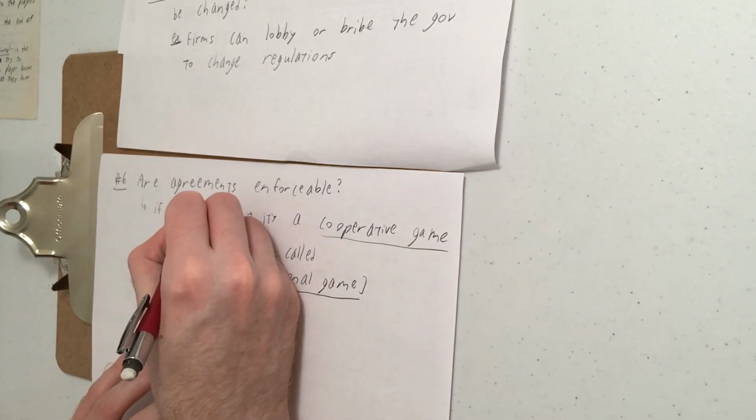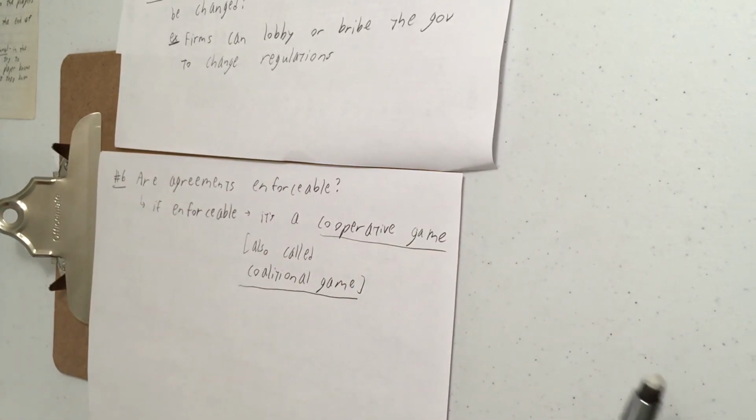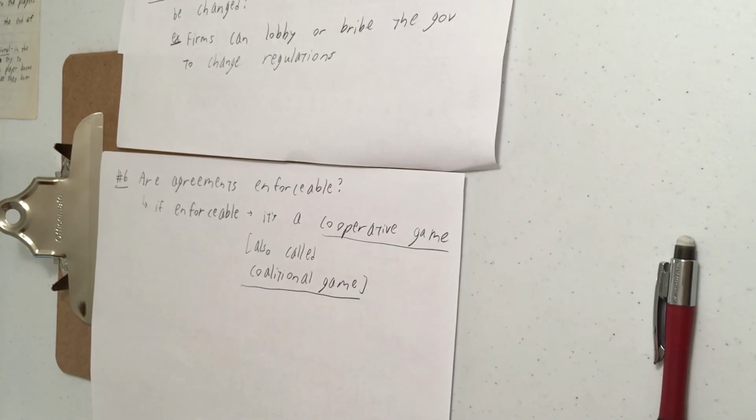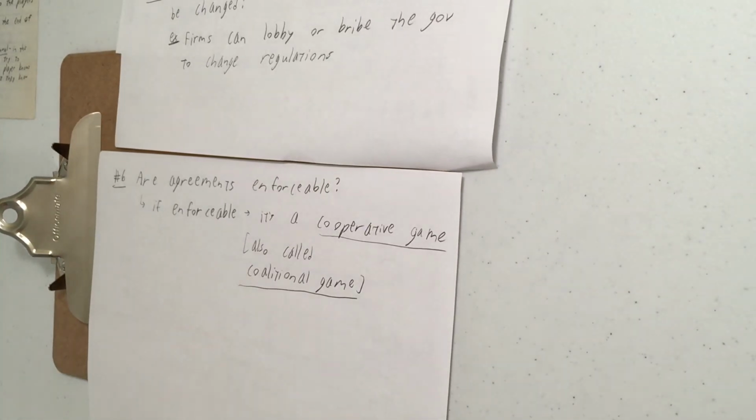Usually the way the games are set up, when agreements are enforceable, there has to be some benefit to working together. If there is no benefit to working together, then there's no point in having an agreement in the first place, so that's the only interesting case. The question then becomes, how do you divide up this surplus, this extra benefit you get from cooperating? What's a fair way to do that that everyone can agree with? There's a whole separate branch of game theory that's dedicated to that.